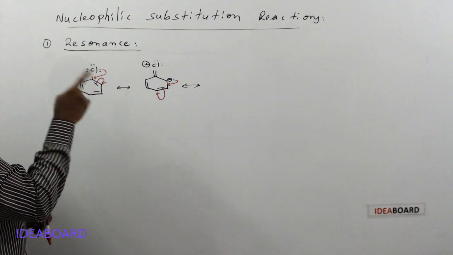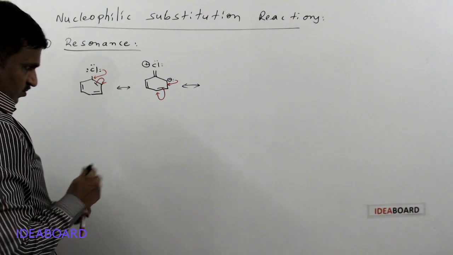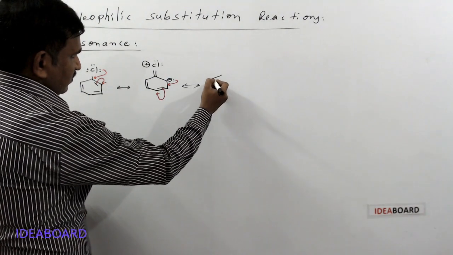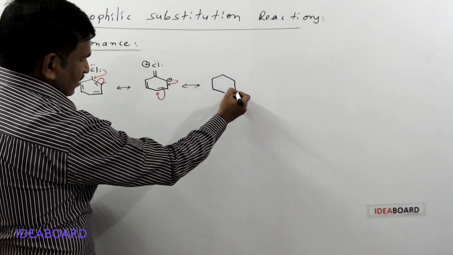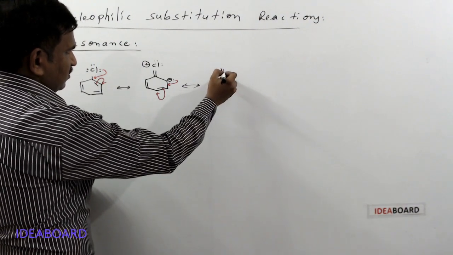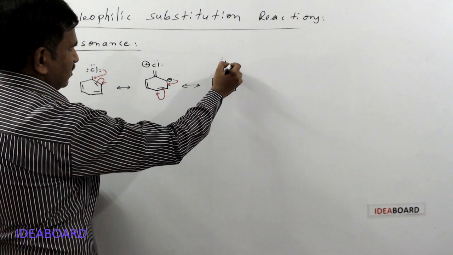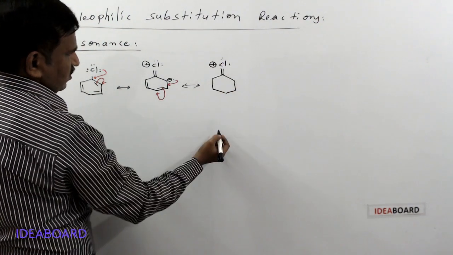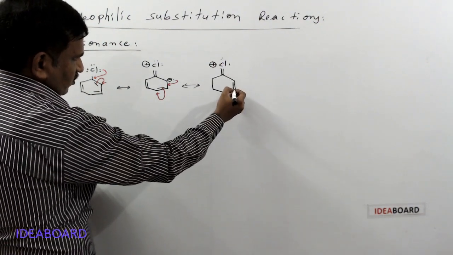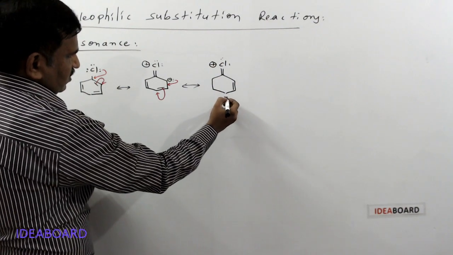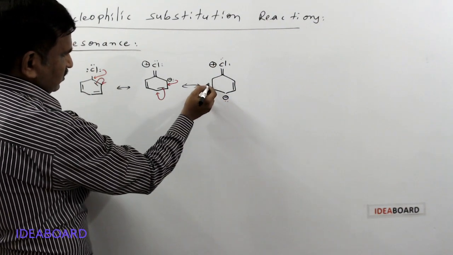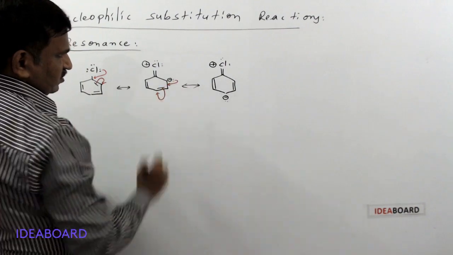While writing the arrows, please write carefully. Next, we again get the C=Cl double bond, with 2 lone pairs and a positive charge on chlorine, and a negative charge with a lone pair and a pi bond on the ring.